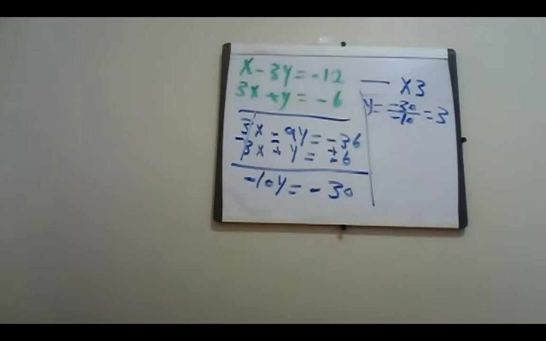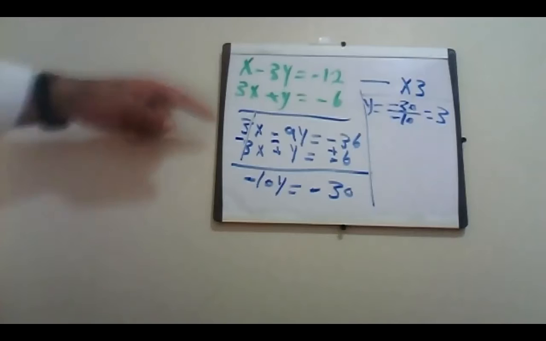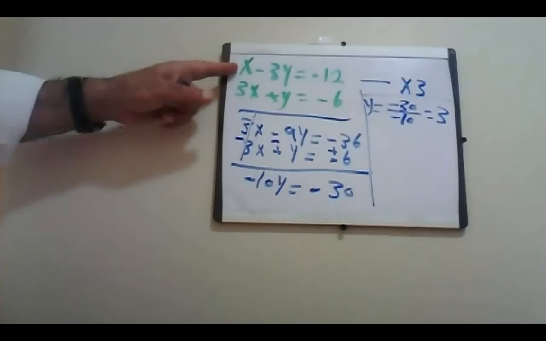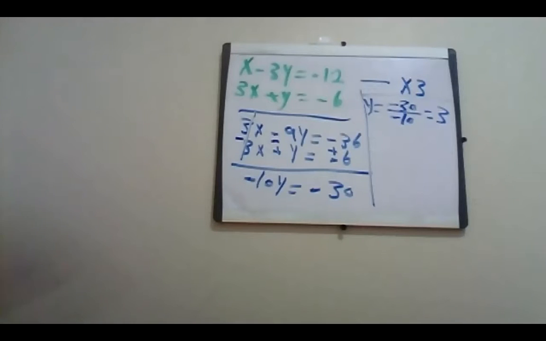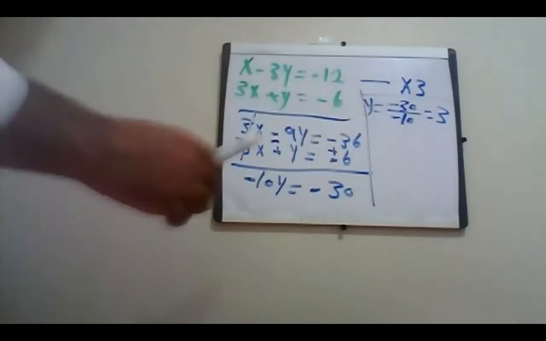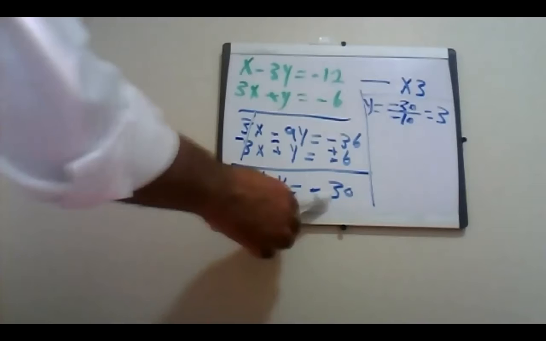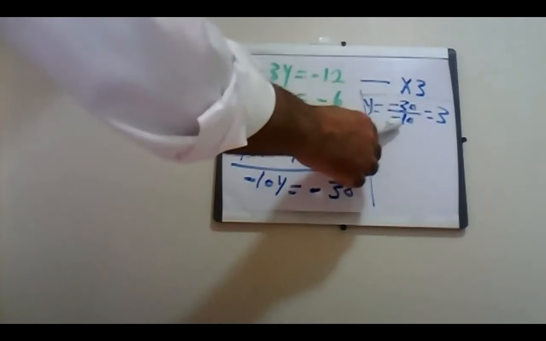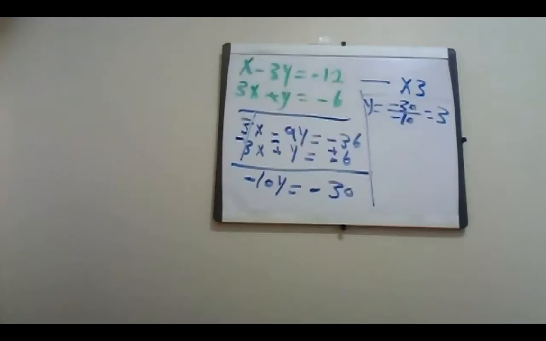I got y equals 3. I can substitute in any of both equations to bring the value of x. So I have the y value now: minus 10y equals minus 30, and then y equals minus 30 divided by minus 10 equals 3.